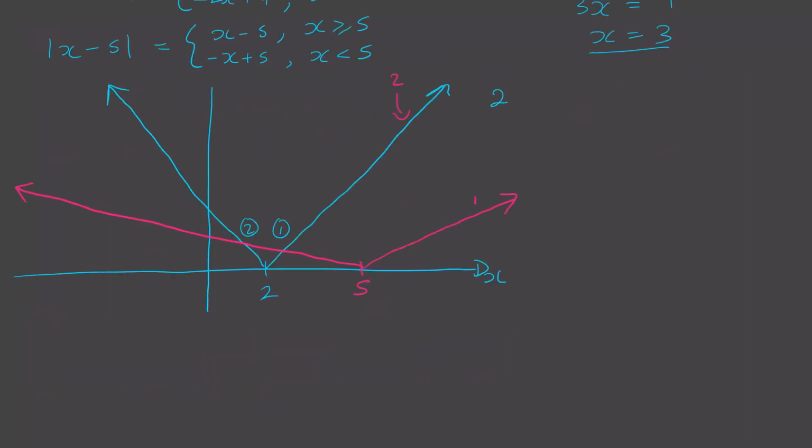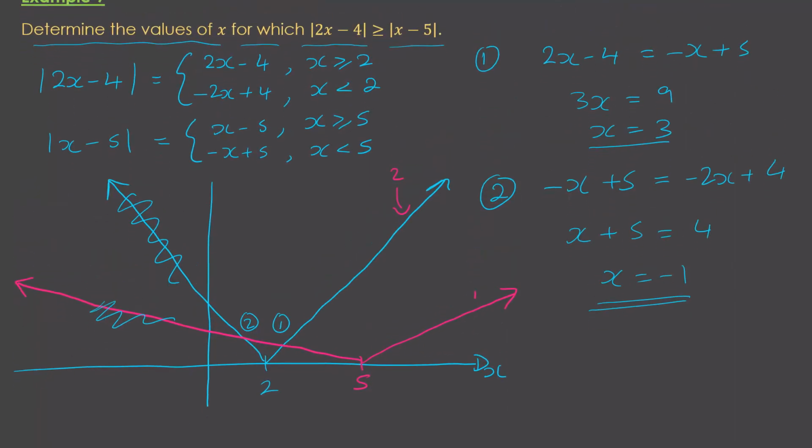For intersection 2, again, this limb over here is the negative x plus 5. This time it's going to be equal to this limb, which is negative 2x plus 4. So that gives me x plus 5 is equal to 4, and therefore x is negative 1.